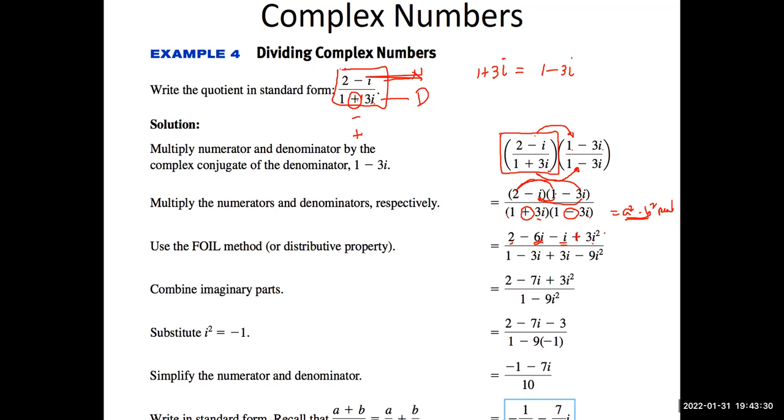Now in the denominator, 1 multiplied by 1 is 1, and then 1 multiplied by negative 3i is negative 3i. Next, we have 3i multiplied by positive 1, so that is positive 3i. And then positive 3i multiplied by negative 3i is negative 9i squared.